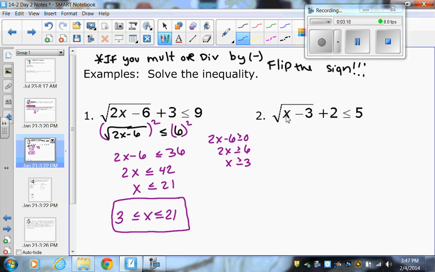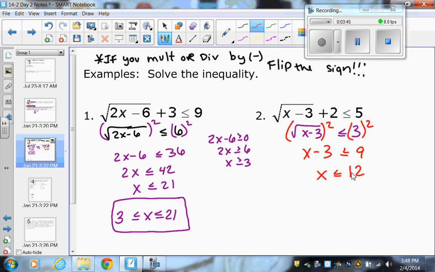Let's try another one. If I look at this problem, opposite of addition is subtraction. To get rid of the square root, I'm going to square both sides. Opposite of subtraction is addition.